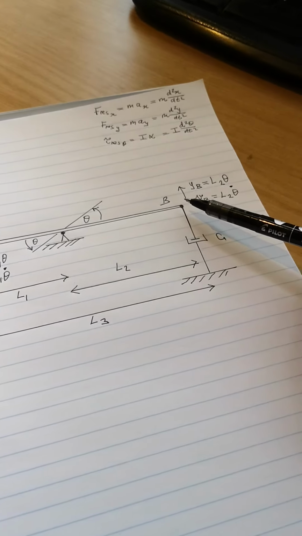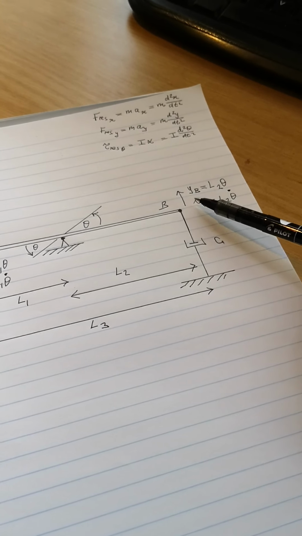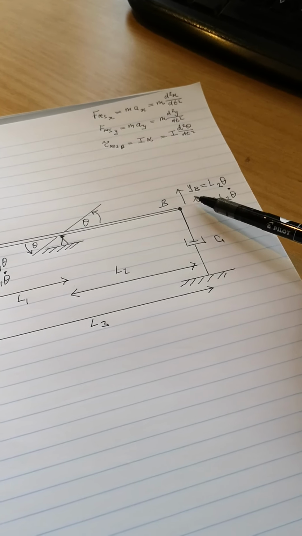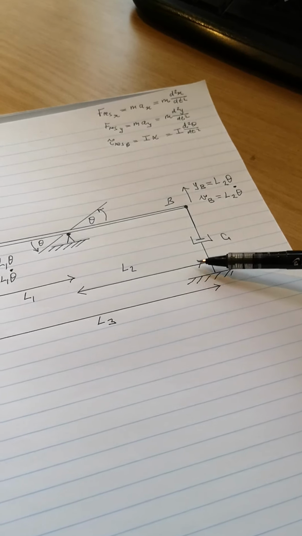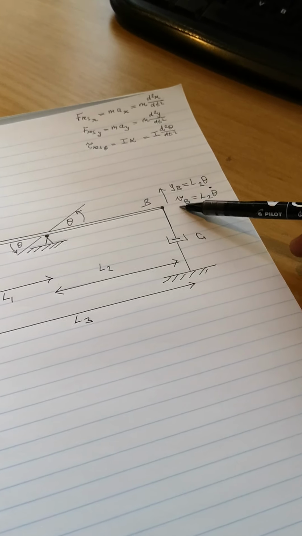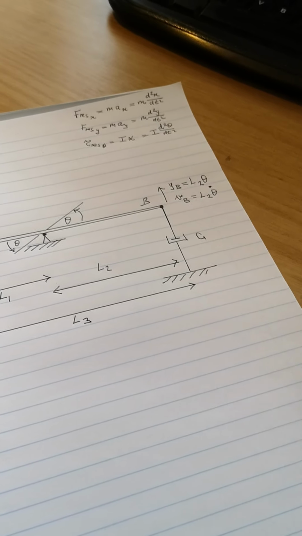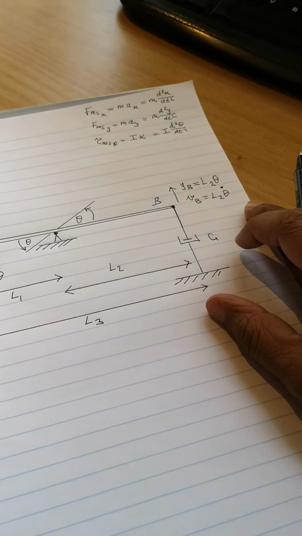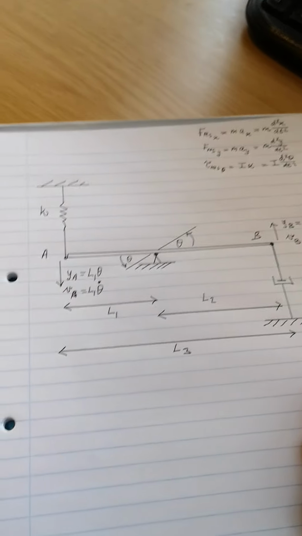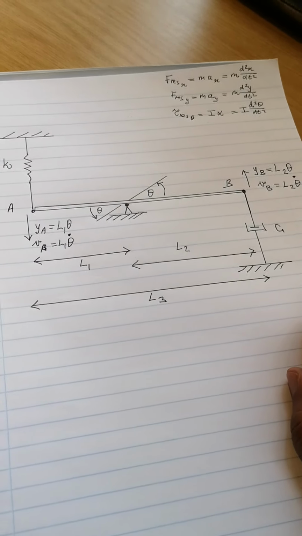And likewise, we worked out the distance b, yb, that the damper would be stretched, and we took the derivative of that, and we worked out the velocity.